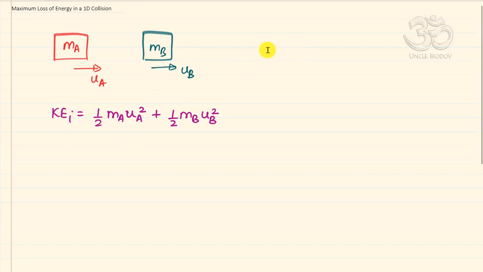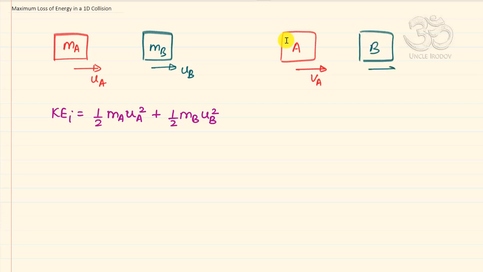And after the collision, these two objects will be traveling with velocities VA and VB. So here you have object A traveling with VA, and then you have object B traveling with the VB, and you can figure out what is the total kinetic energy of these two objects after the collision.